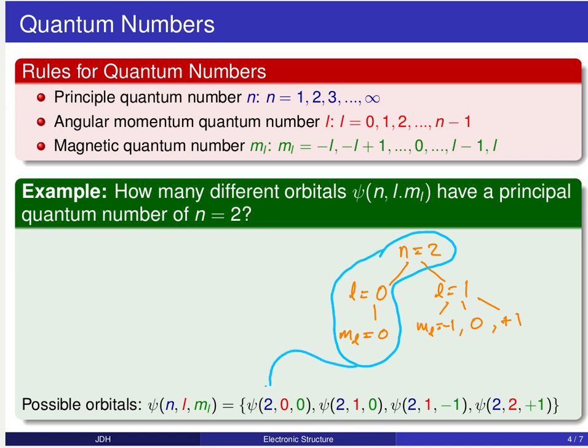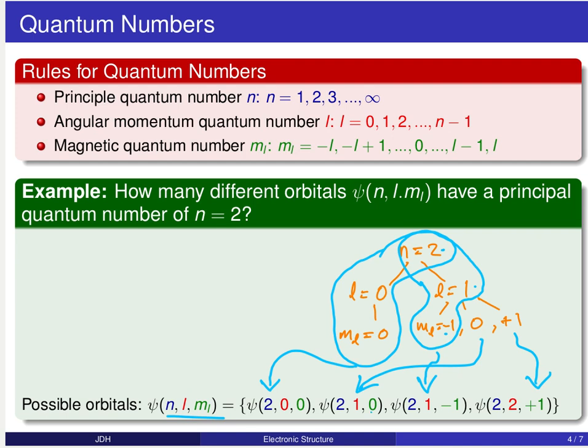And so we're going to denote that right here by a 2, 0, 0, using the notation listed here, n, L, m sub L. Similarly, if we follow down this next branch, say this one here, we're going to have n equals 2, L equals 1, m sub L equals minus 1. That, of course, corresponds to this solution. And we have this branch here and this branch right here.